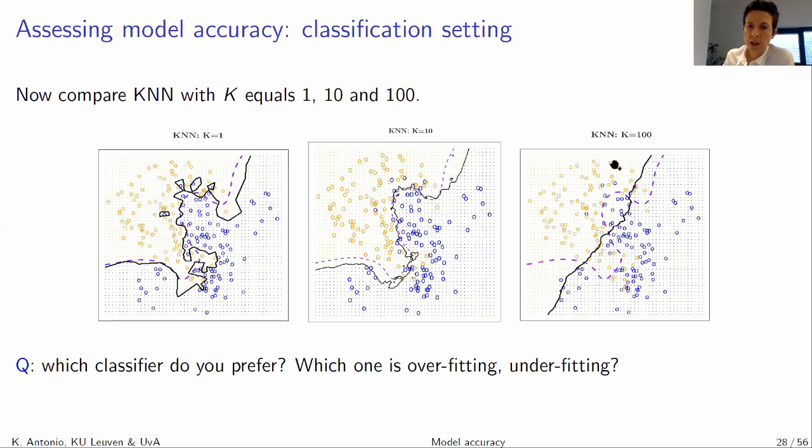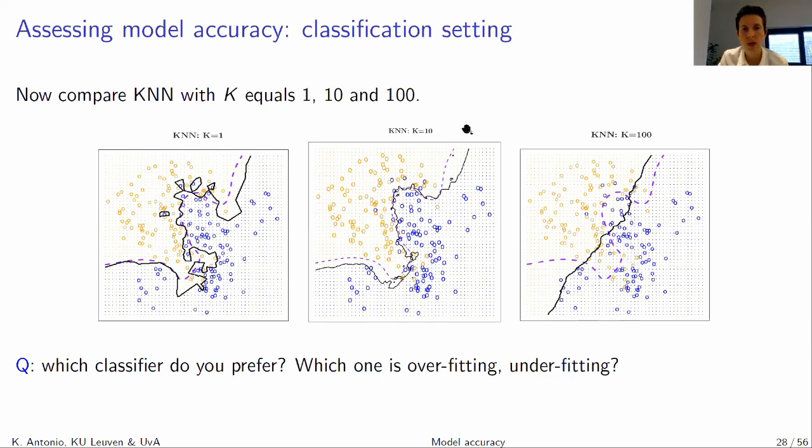The other one here is too rough. So that one is underfitting because it's not picking up the blue observations that you see over here. The predictions that we get over here, they are too rough.